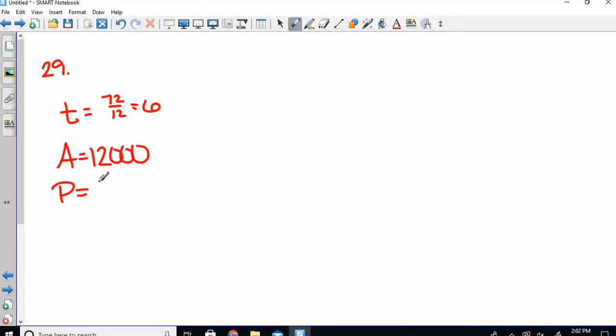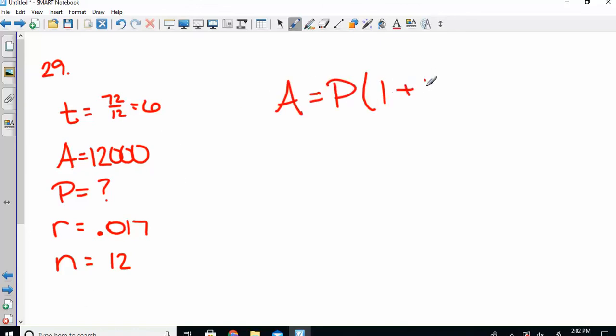So that is the A, the ending amount. What amount invested today? So I'm looking for my P. At 1.7%, so the rate would be 0.017. Compounded monthly, so N is 12.